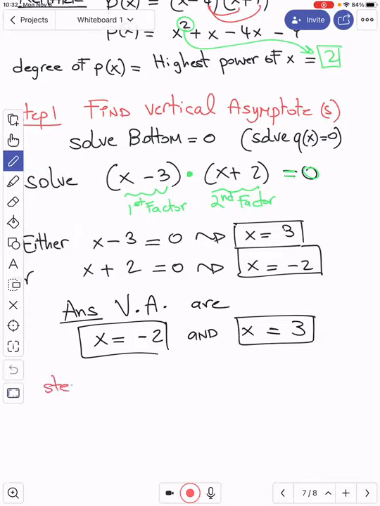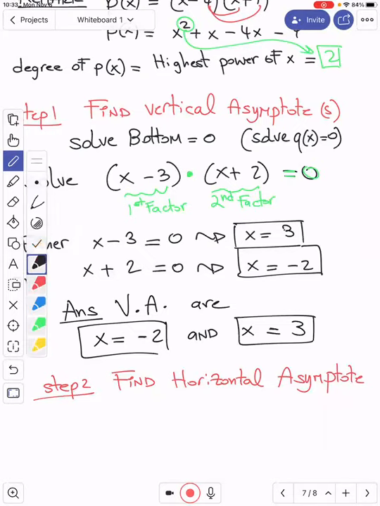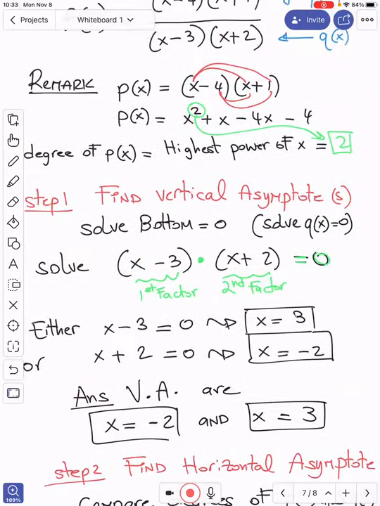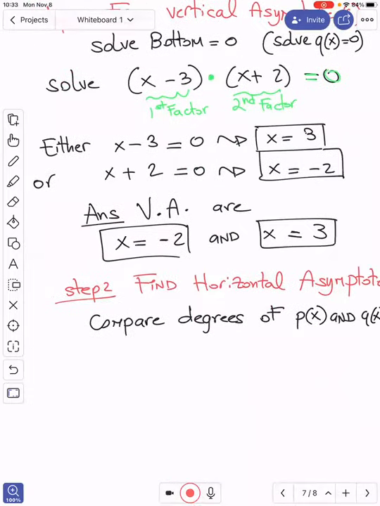Anyway, that's the first step. Second step, we need to find the horizontal asymptote. To find it, we compare the degrees of P and Q, the highest power of x in each.